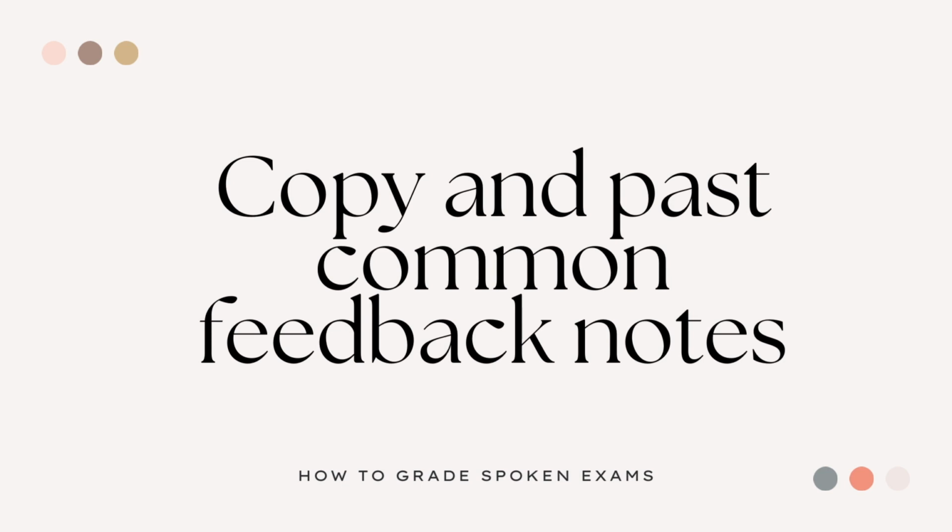Now, something else I do is I have a separate page open with my feedback notes, because generally the mistakes that students make are pretty common. You know, they'll pronounce the TH sound incorrectly. Instead of saying thin, they will say sing. So I have in my notes document all of the feedback that I can give them.